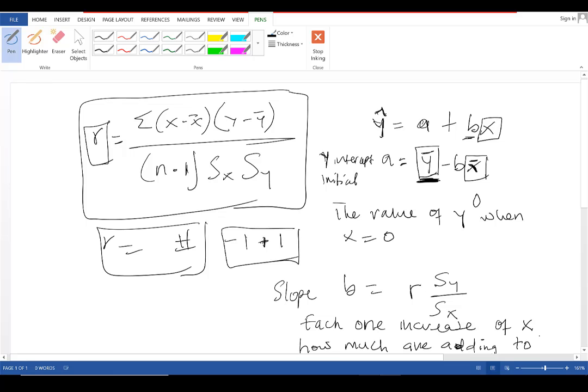So let's say here is 0 and here is plus, and our b, which is the slope, is 1. If we make 0 calls, that means our y is equal to 0.